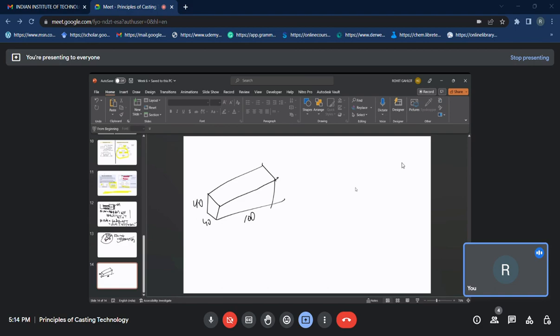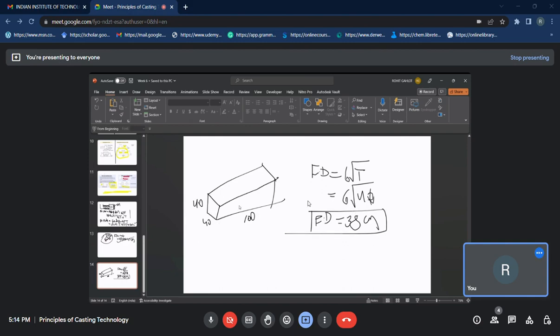Now if you calculate the feeding distance, the feeding distance is 6 root t, right? And here the thickness is 40. So the feeding distance will come around 38 centimeter.